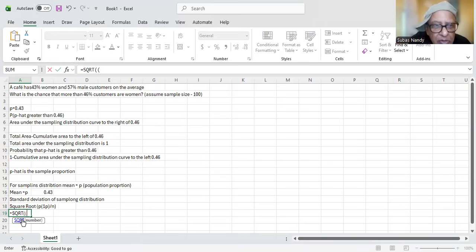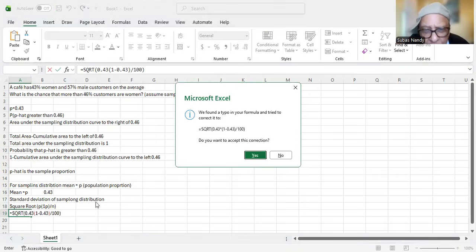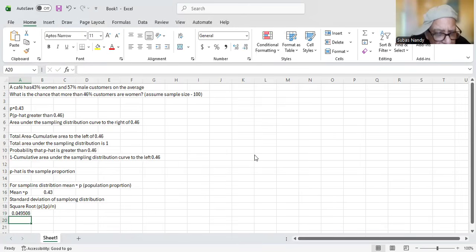I know my population proportion is 0.43, yeah, I'll write 0.43, left parenthesis, 1 minus 0.43, right parenthesis, divided by sample size is 100, and complete the right parenthesis. And that is 0.0495. Okay, that's your standard deviation.